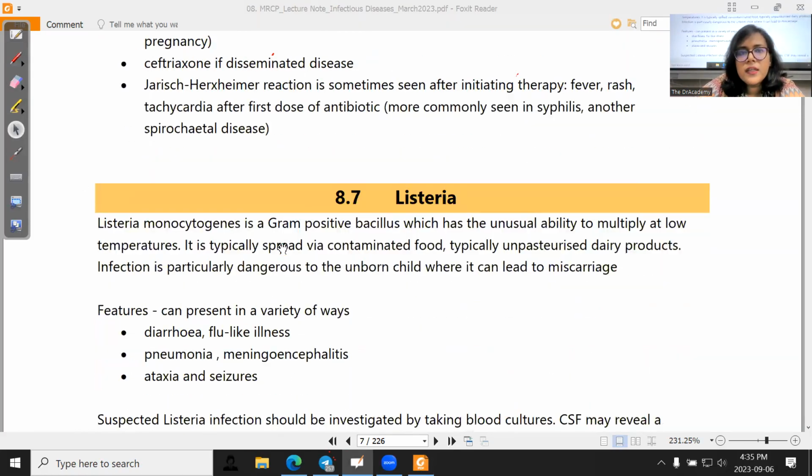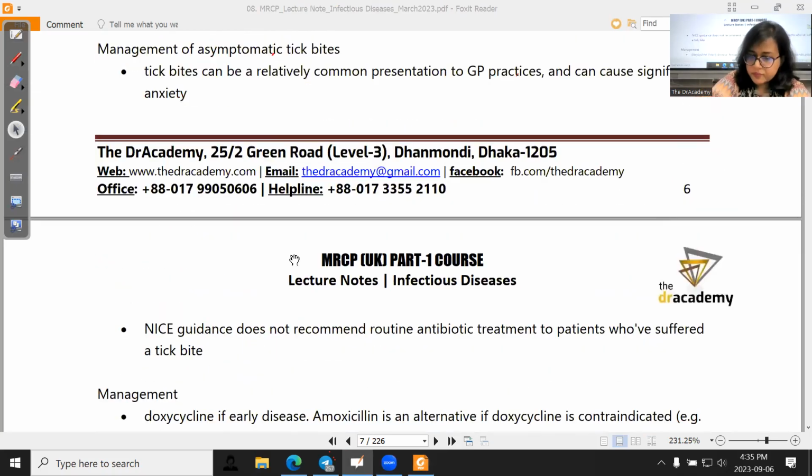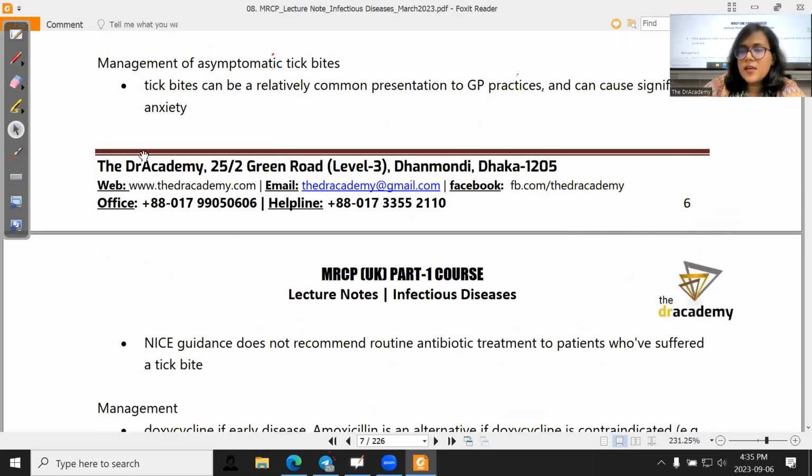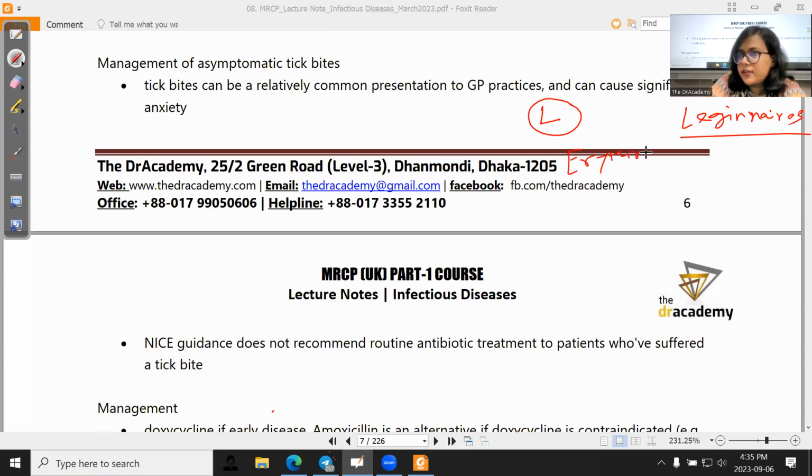I personally had a lot of difficulty remembering the treatment for Lyme's disease, because back when I appeared for this exam, I didn't know better. So I mixed up Lyme's disease with Legionnaires', and I answered, I think, erythromycin from the options.